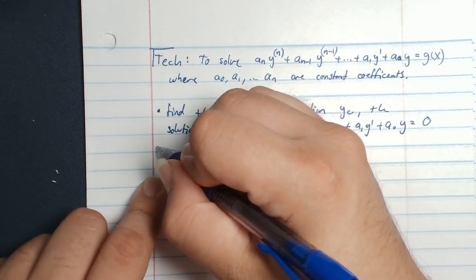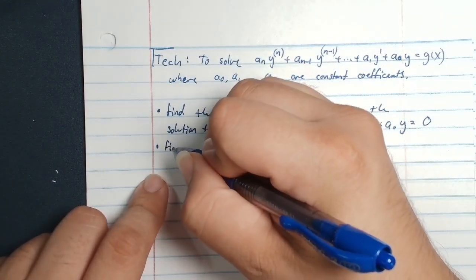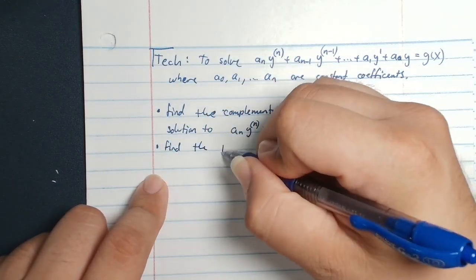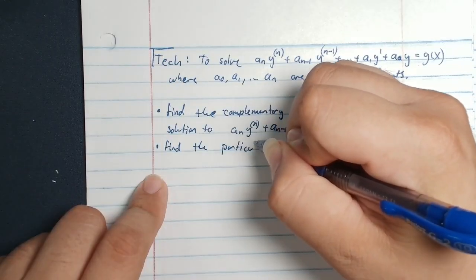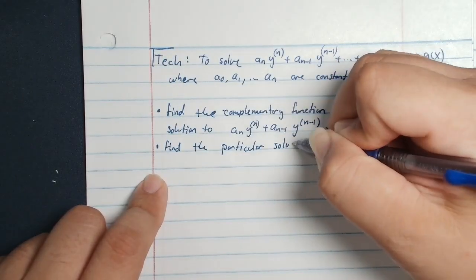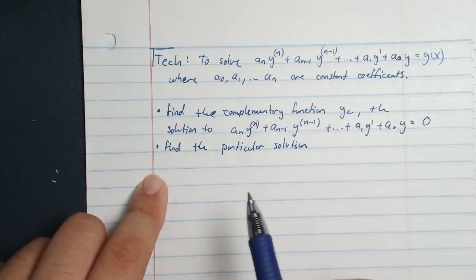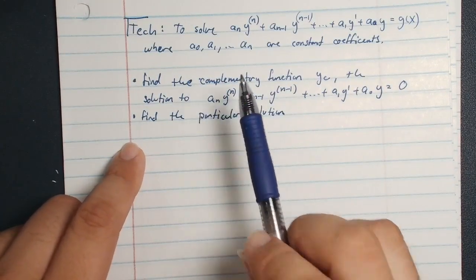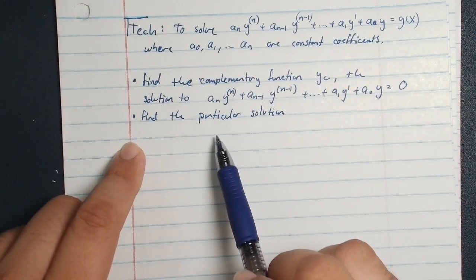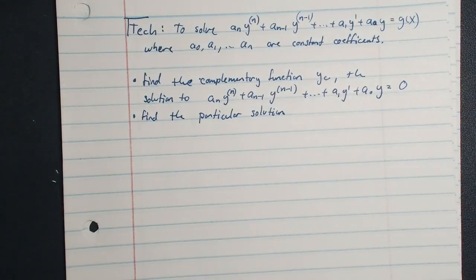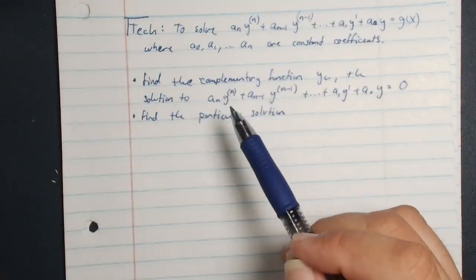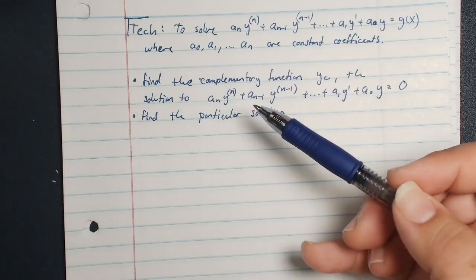Second of all, we're going to go ahead and find the particular solution. It is very important that we find the complementary solution first and then the particular solution. And you say, well, why is that? I need to find both, so does it really matter which one I find first?